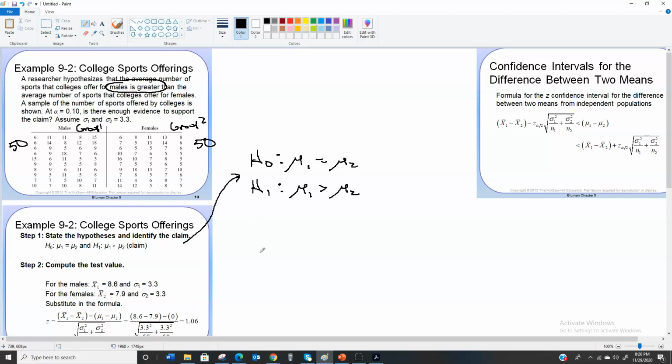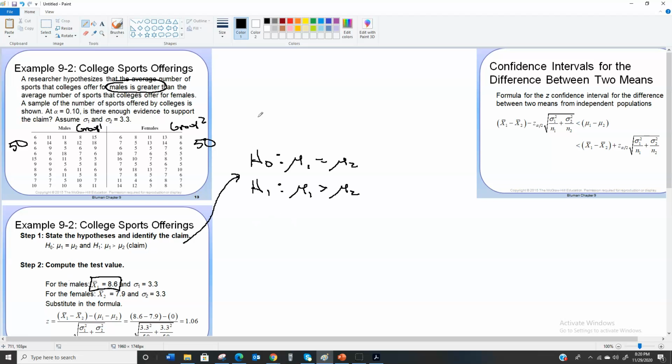So we're going to cheat a little bit because, again, we're not going to have raw data, and let them calculate for us that the x bar 1 is 8.6. That would have just been adding all 50 up and dividing by 50. And it gave that the sigma for both of those is 3.3.